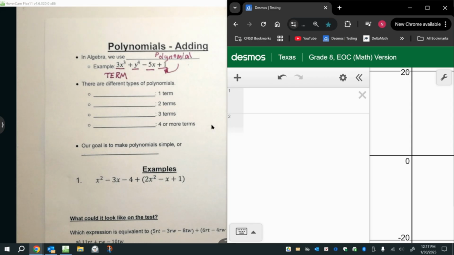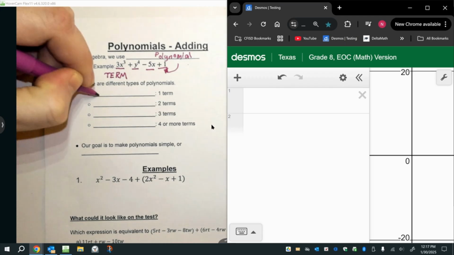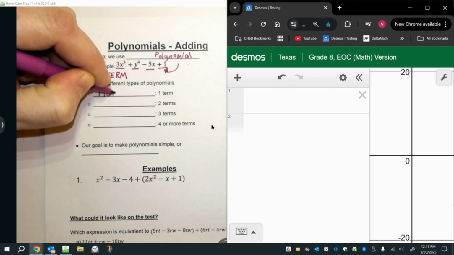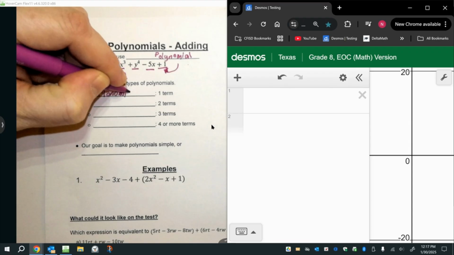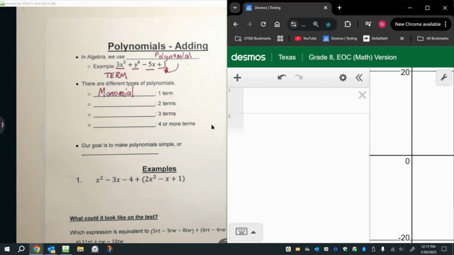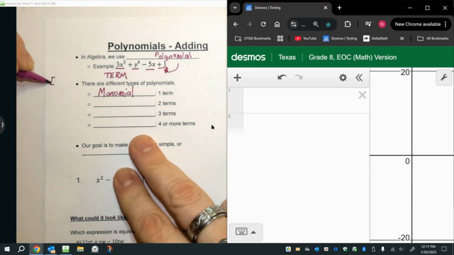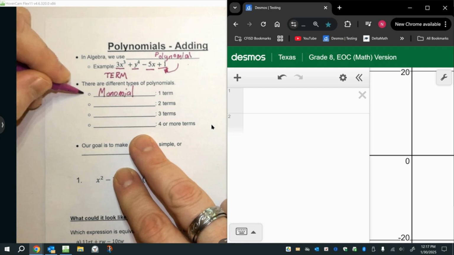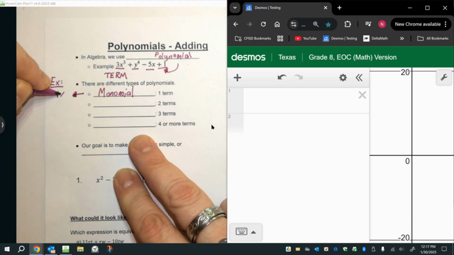Now, the first thing, one term, we call that a monomial, okay? An example of a monomial would be something with one term, so maybe 4x.